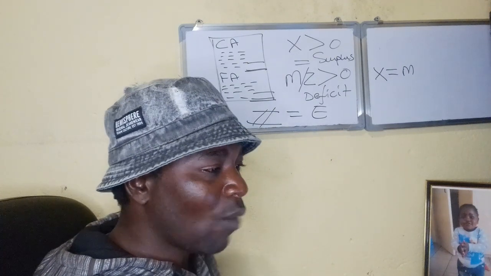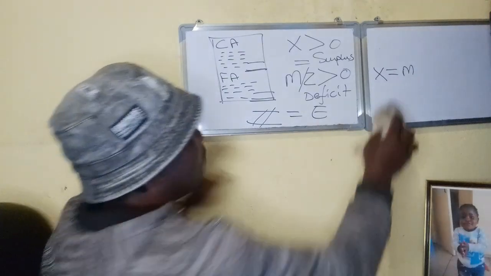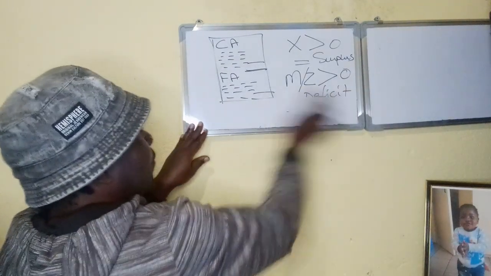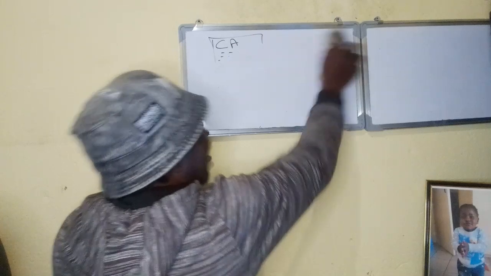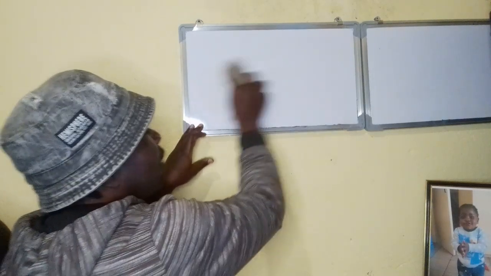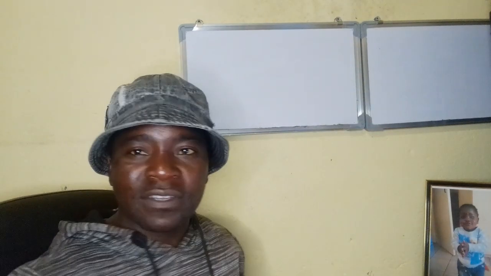Now, measuring the inequality. This one is also another emotional and political one, because you will have a country that is rich. A measurement of inequality basically measures how much the income and the wealth of a country is being distributed among its citizens.